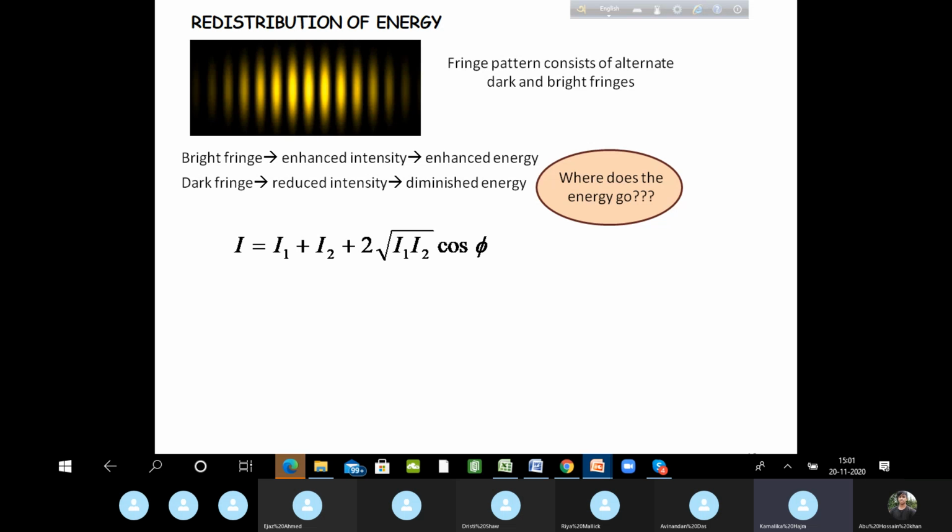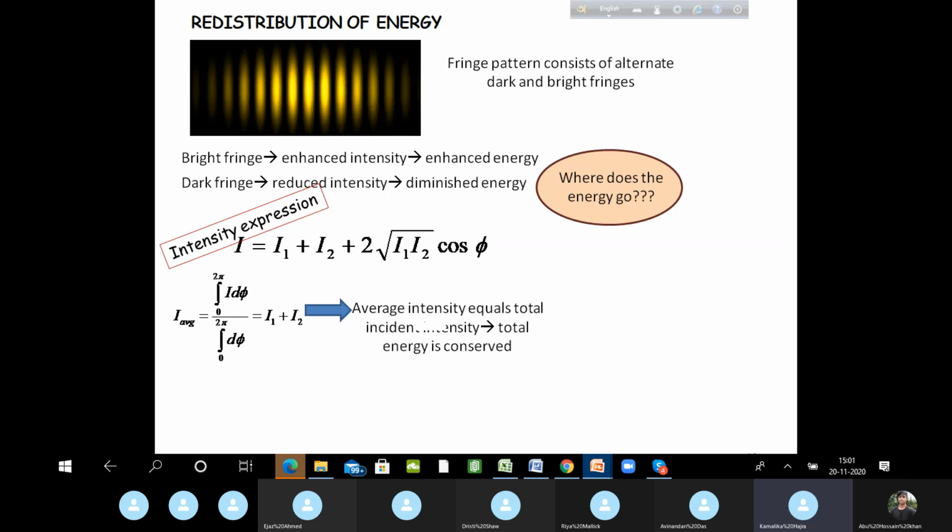You see, if you take the expression of intensity in YDSE and take the average of this expression, the average comes out to be I1 plus I2, which means that the average intensity equals the total incident intensity. So even though intensity is lesser in some regions and more in others, and we know that for high contrast we prefer intensity to be 0 in the dark regions and brightest at the bright regions, the average intensity equals the incident intensity.